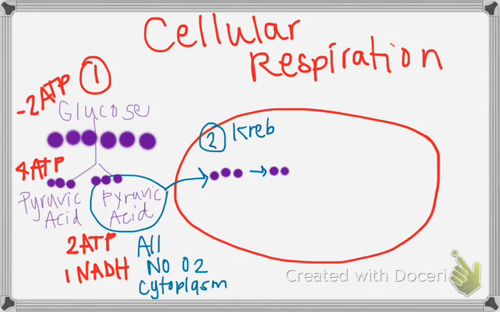So the pyruvic acid becomes a 2 carbon molecule called acetyl coenzyme A. And that actually happens a little bit before the Krebs cycle.